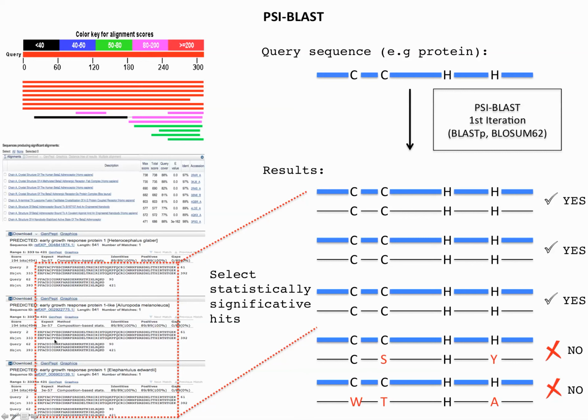From these solutions, we collect those that score above a specific threshold that we select. These alignments with high scores that conserve the property are selected. Other alignments with bad scores are not selected.